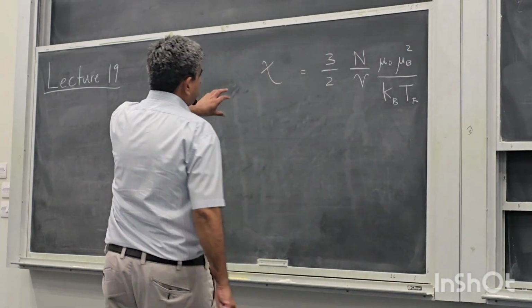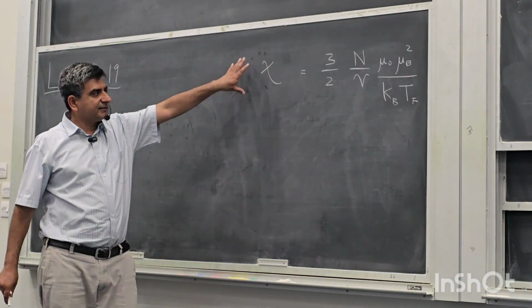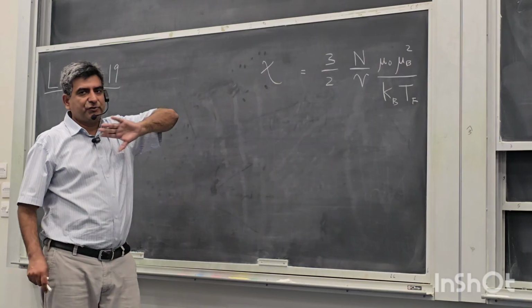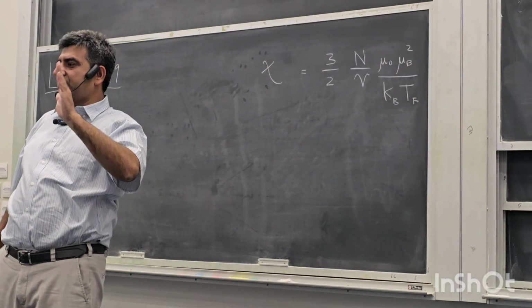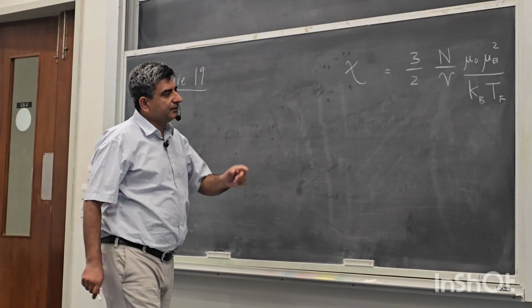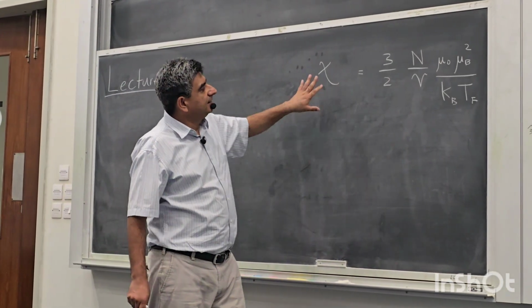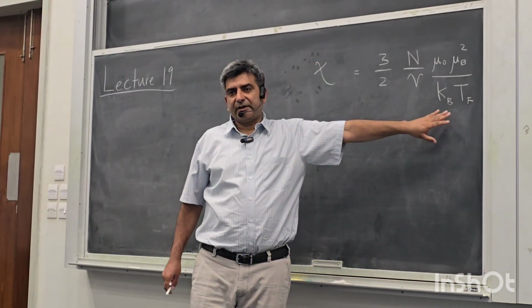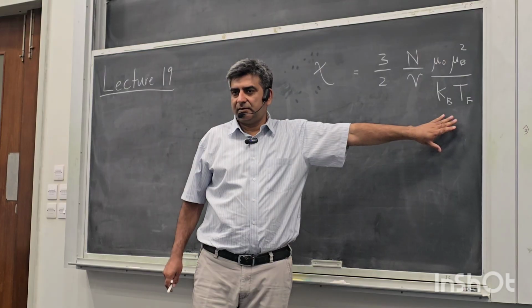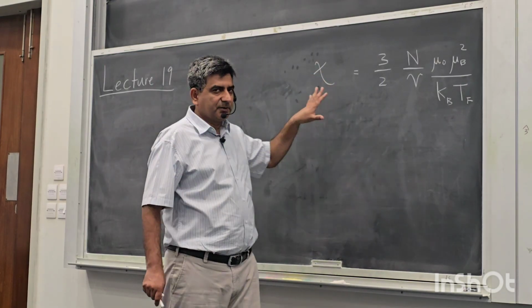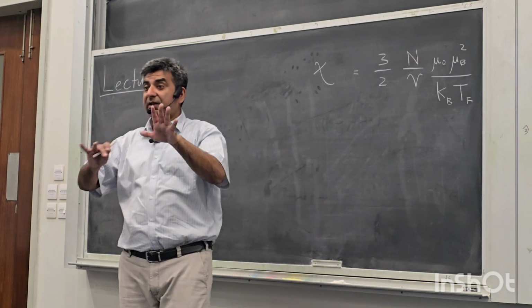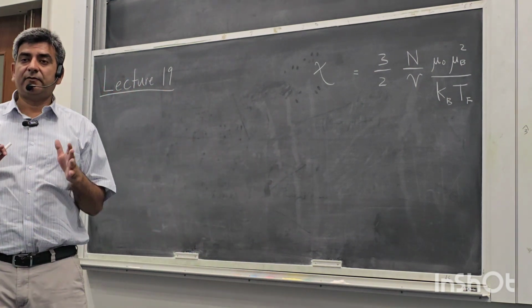So this is the susceptibility of electrons, and it's paramagnetic, which means you apply a magnetic field, the magnetization develops parallel to the magnetic field. And notice that this susceptibility is independent of temperature. The Fermi temperature is a constant. So the susceptibility does not change with temperature for electrons.